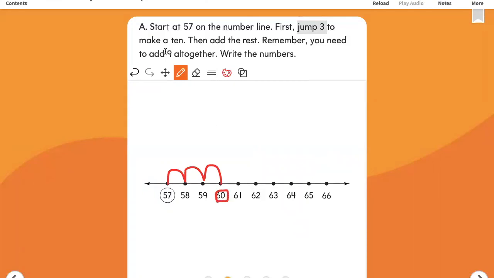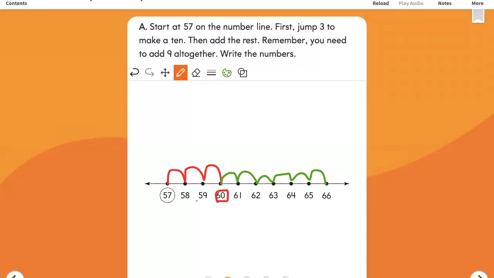But I need to add 9 all together. So I already did 3. So let's keep counting until we've added 9. So I have 1, 2, 3, 4, 5, 6, 7, 8, 9.